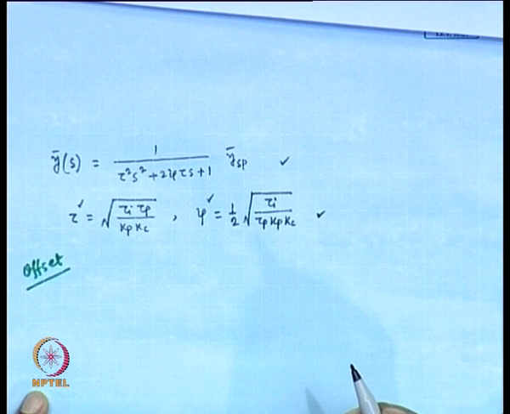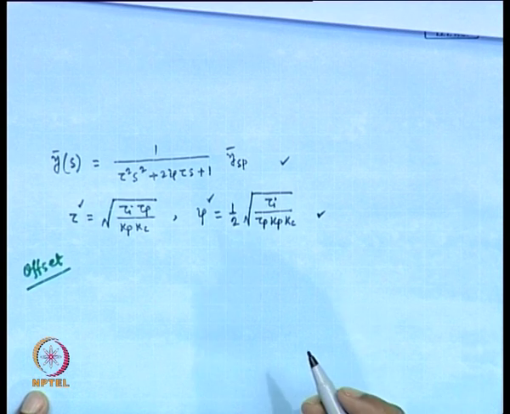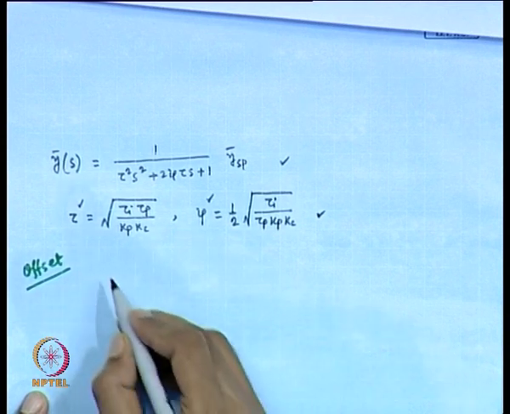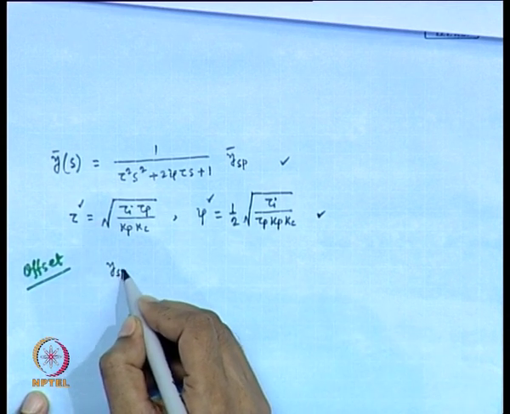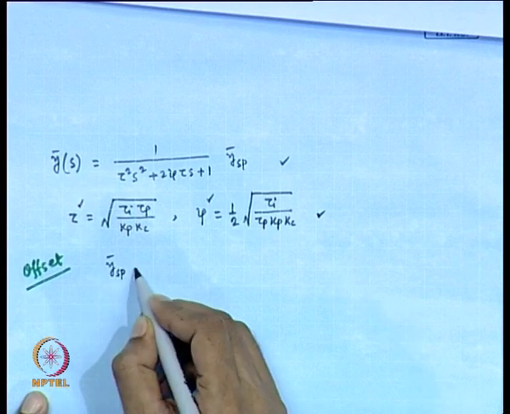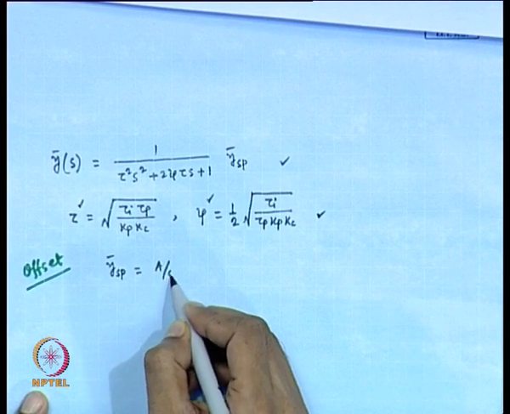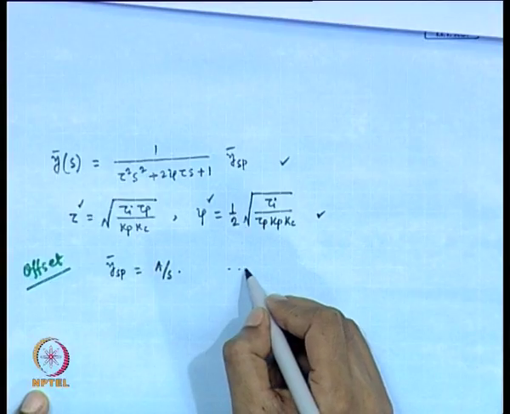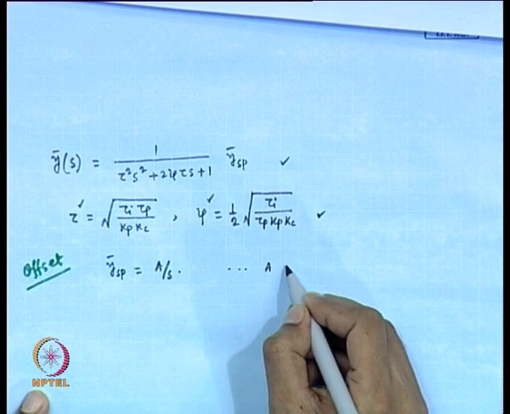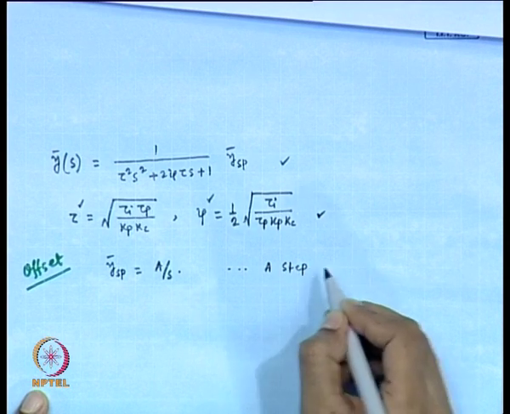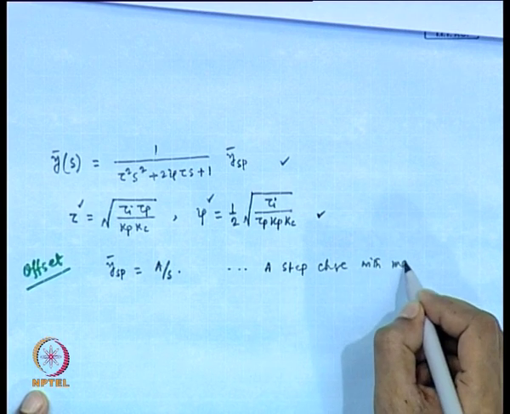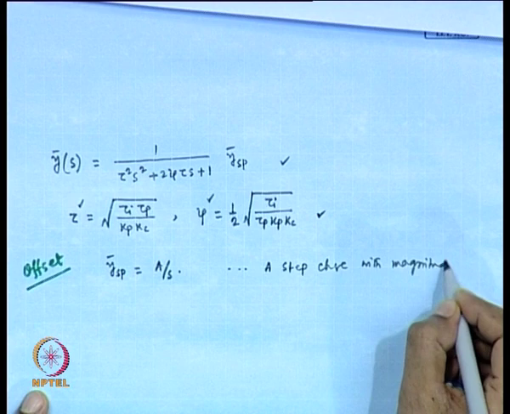Now, for determining the offset we will consider a step change in set point with magnitude A. That means y set point bar is equal to A by s.